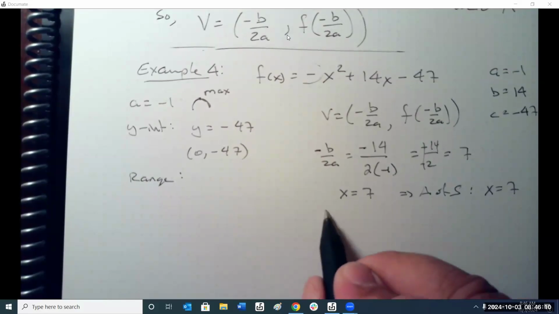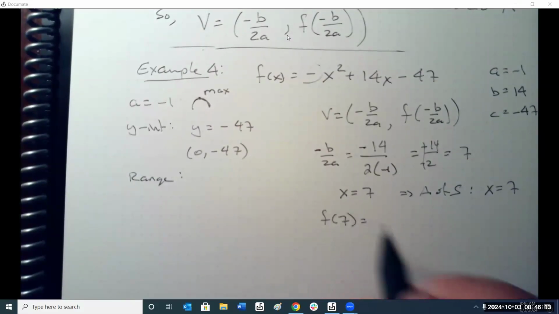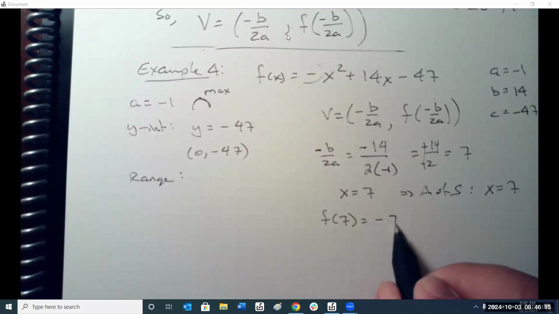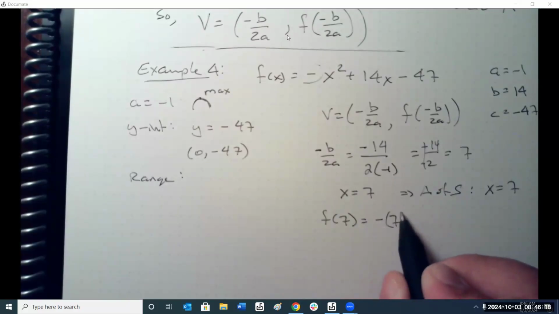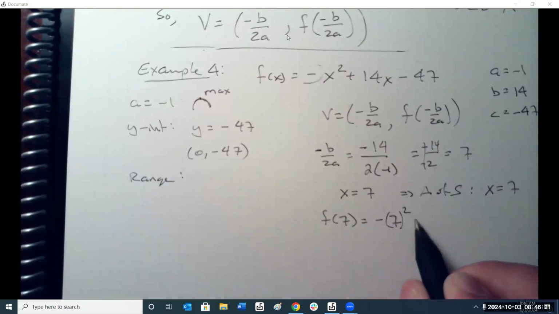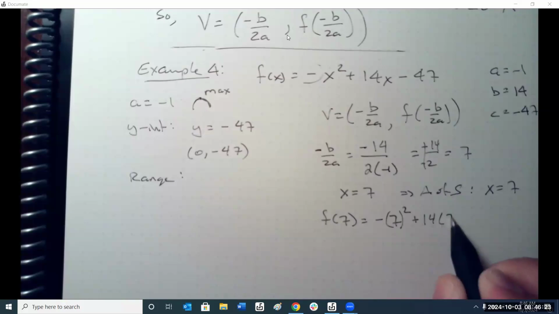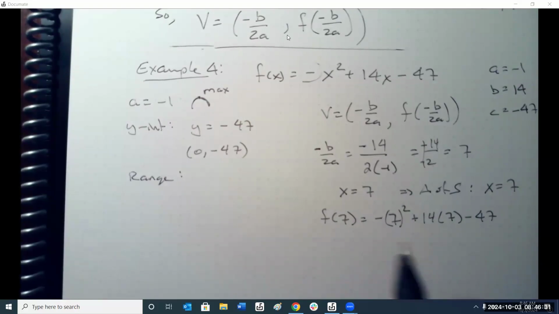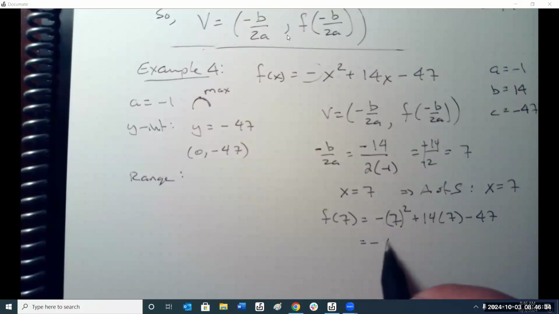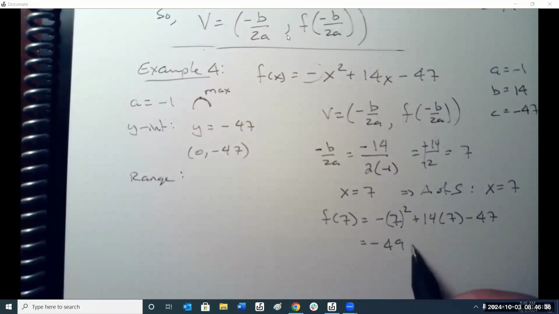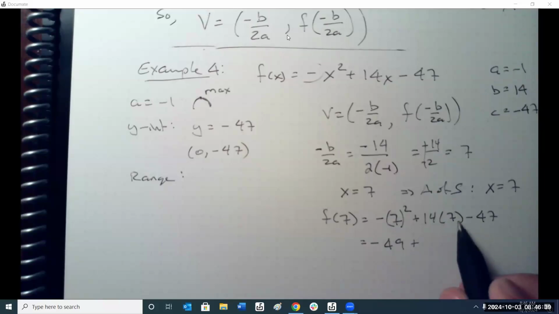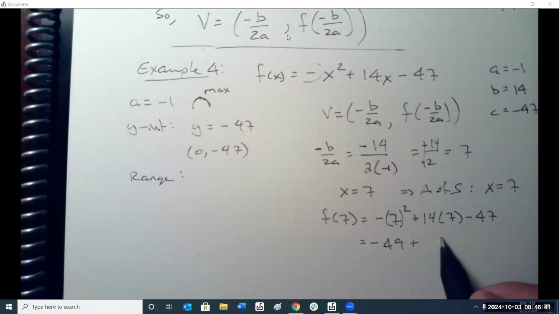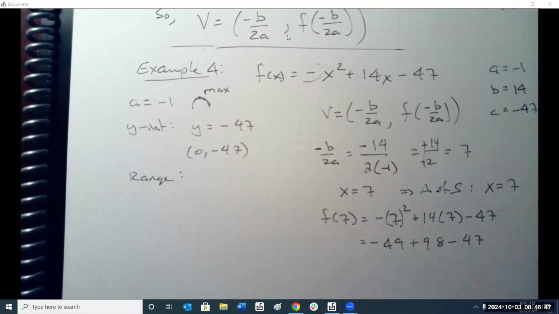So take this value, plug it back inside our function. So we have negative 7 squared plus 14 times 7 minus 47. So it's negative 49, plus 14 times 7 is 98, minus 47.